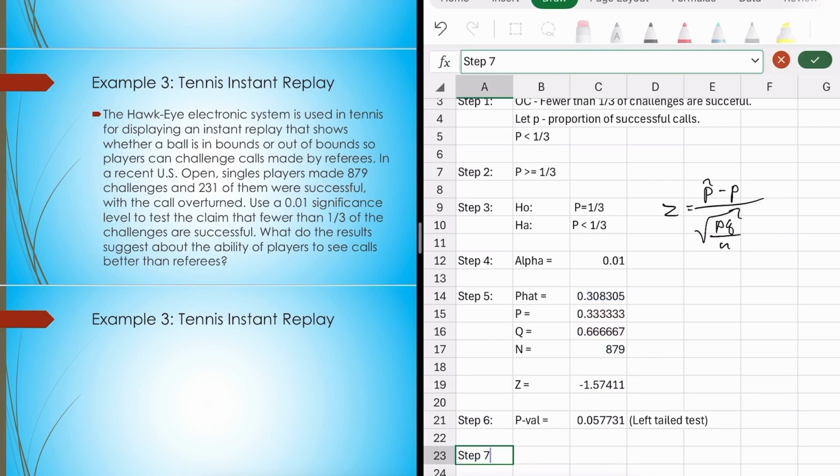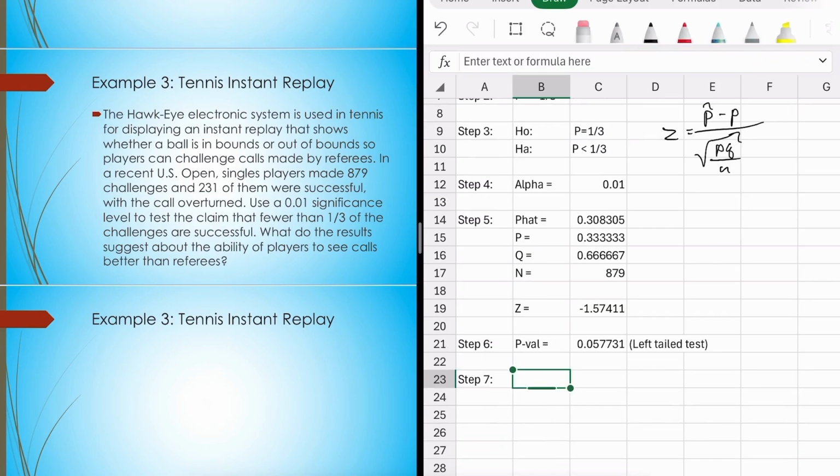Now step 7, make our determination here. Do we fail to reject or reject the null? In this case, we're going to fail to reject because p is bigger than alpha.